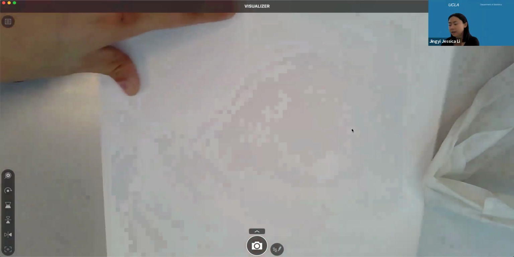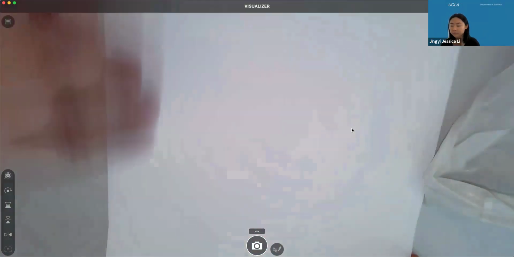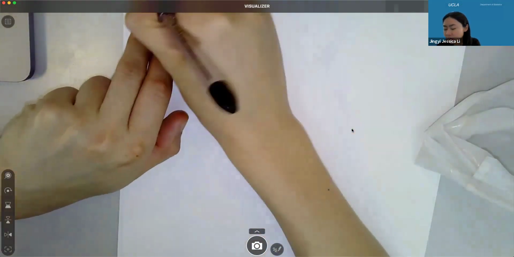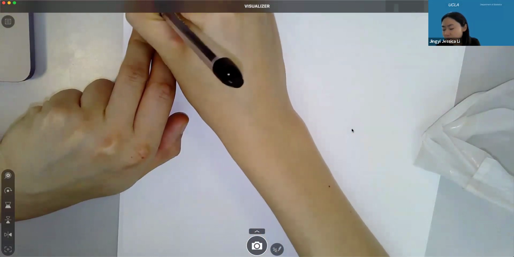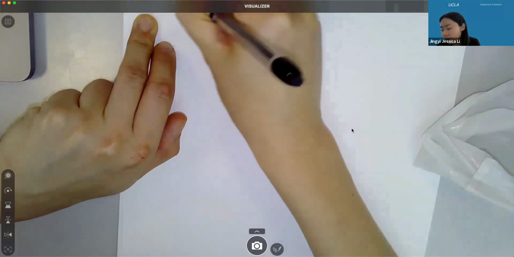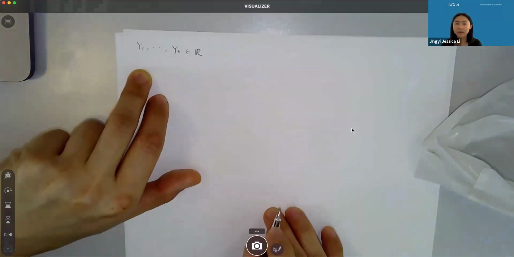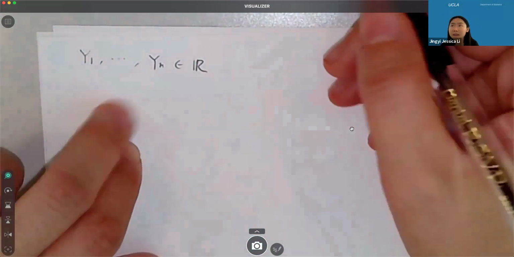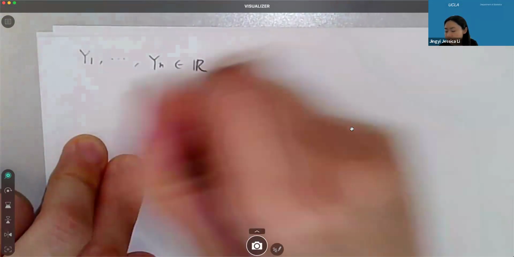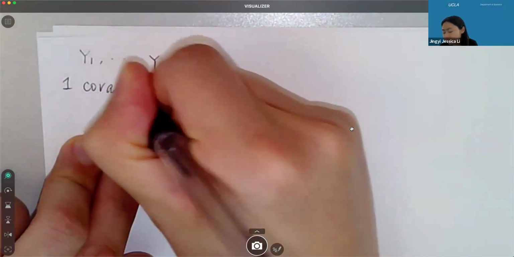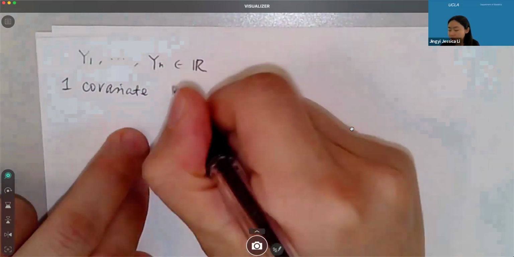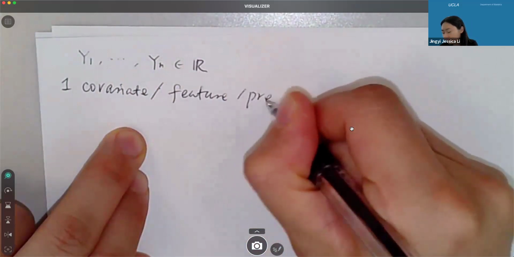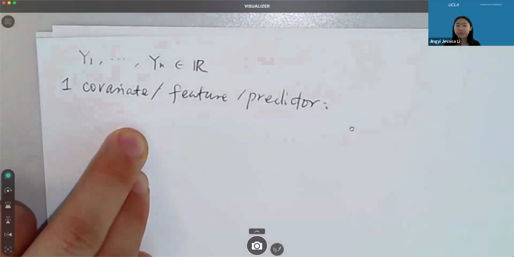So basically, if we think about a simple linear model, we could write it for observation i. Here you have y1 to yn. They are all real values. I'm going to make it bigger. They're all real values, and you have just one covariate, so it's just one feature, one covariate, one predictor, which we said in the first lecture.